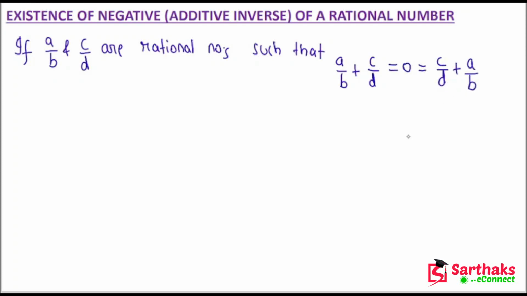That is, if after adding two rational numbers we get 0, then both the numbers are said to be additive inverse or negative of each other.